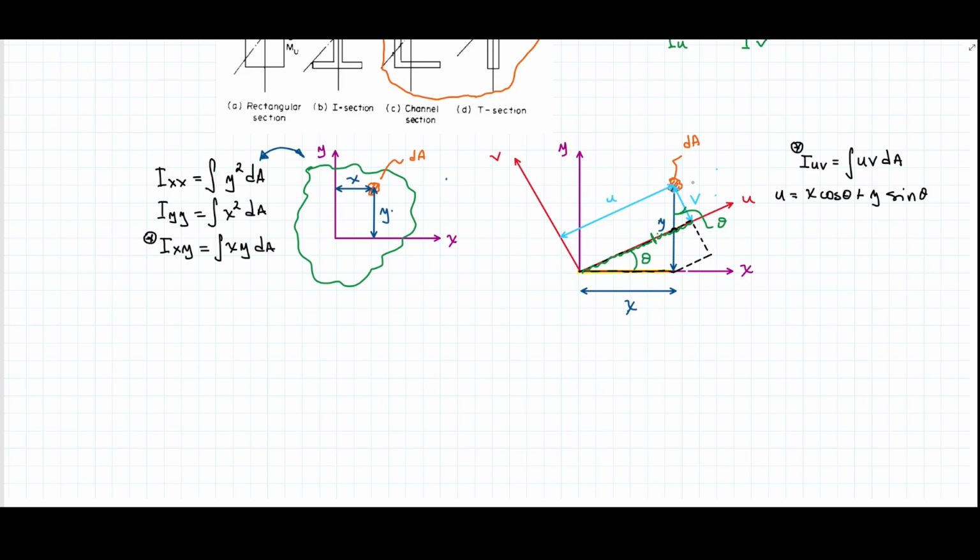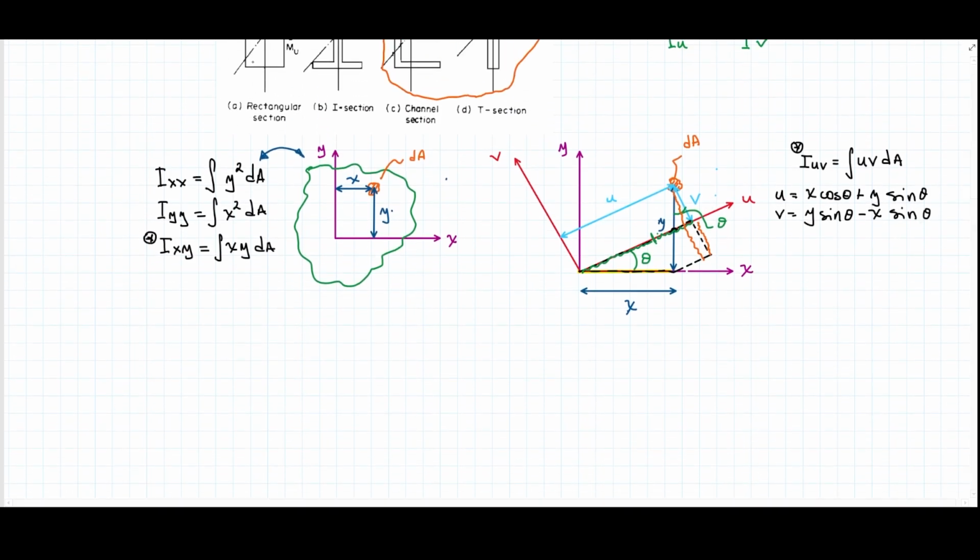Well, if I take this whole segment here, that I can know because I know the y position, so V equals y sine of theta, and then I subtract this small piece here, this one here. And how can I subtract it? Well, I know that this is going to be equal to the other component formed by x, which is minus x sine of theta. Then I got my U and V. Beautiful.